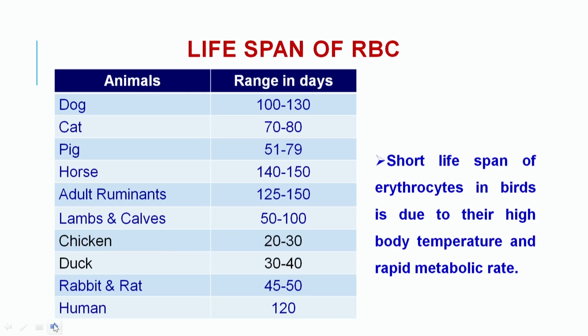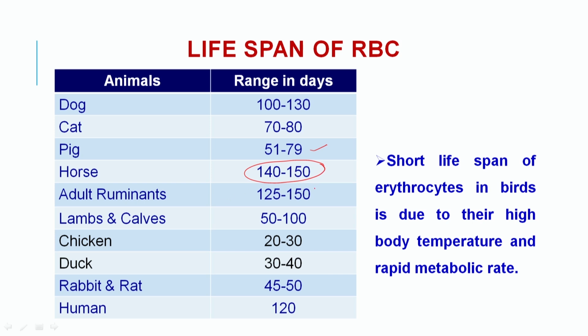Here we can see the lifespan of RBC in different animals. In the dog it is 100 to 130 days, cat 70 to 80 days, pig 51 to 79 days, horse 140 to 150 days. They are the highest lifespan.